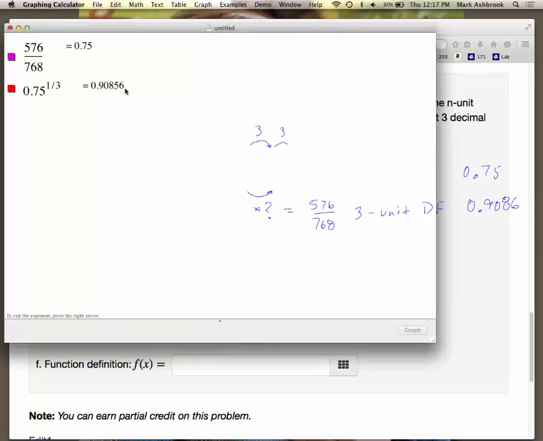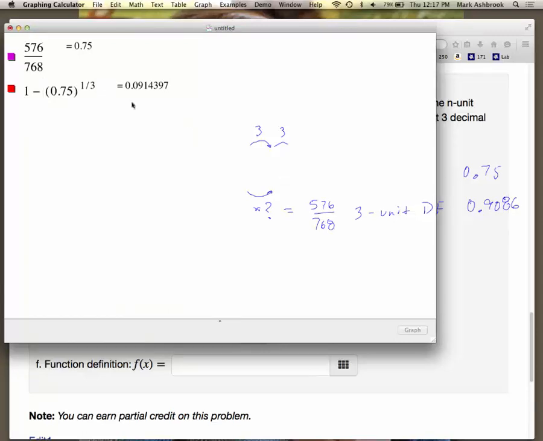How are we going to get the 1-unit percent change? Is it around 90%? No, that 0.9 is a decay factor. When you multiply by a decay factor, it gives you how much you retain, keep, what remains. So we want to do 1 minus that. 1 minus that will give us the percent decrease.